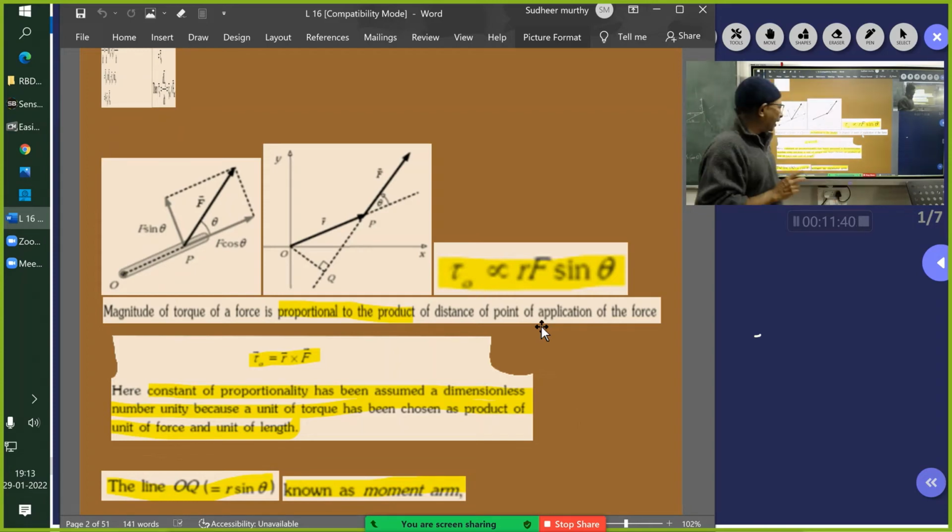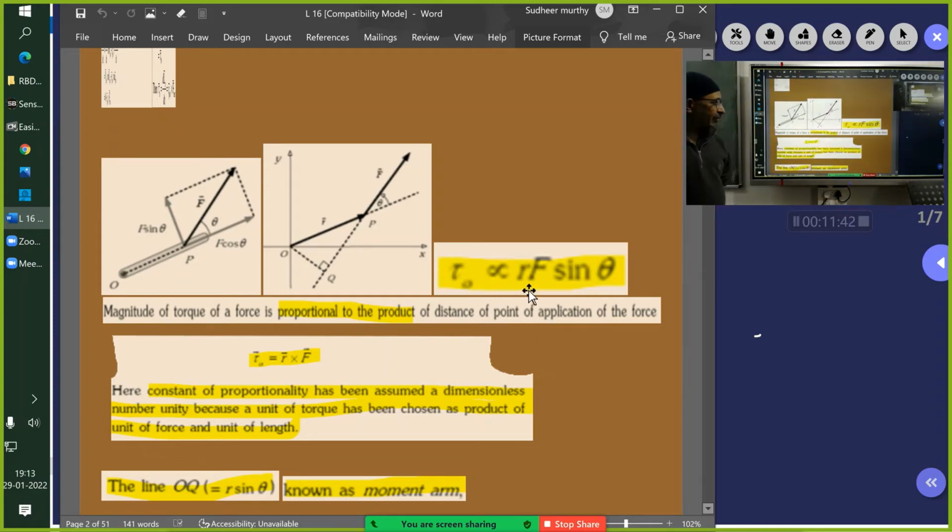In the same way here, R is unity, F sin theta is unity, we designate tau also as unity, and the constant of proportionality becomes 1. It is a dimensionless quantity, and therefore we finally write torque as tau bar is equal to R bar cross F bar.